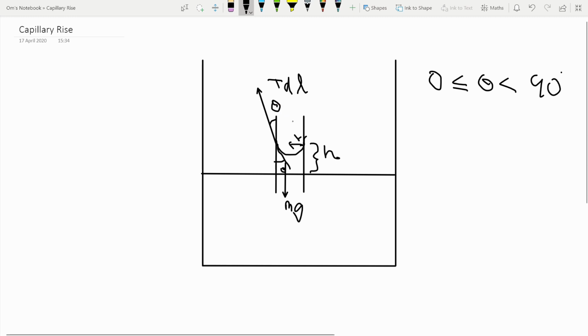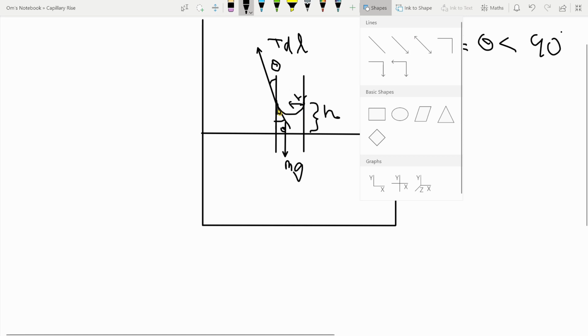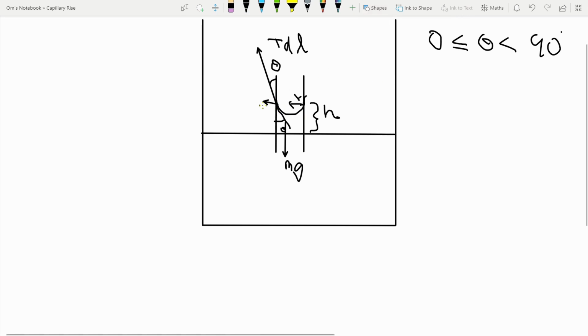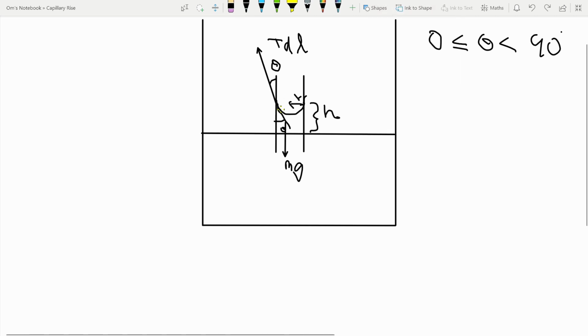Now if we look at it closely, if you take the sine theta component of this value, you'll get a force that is again perpendicular to the surface over here. So I'm going to draw it like this, and write T dl sine theta.